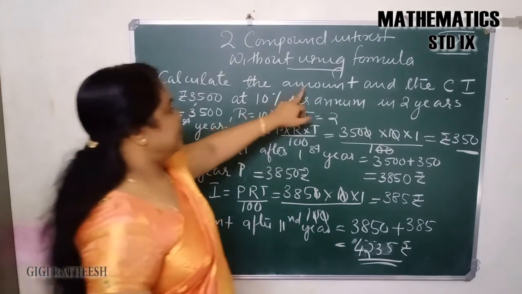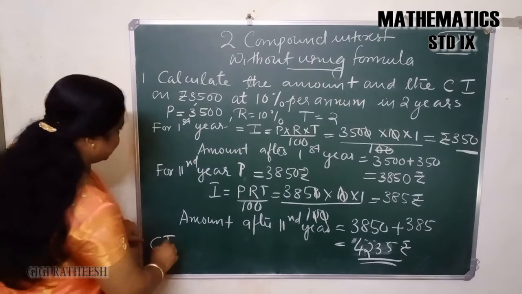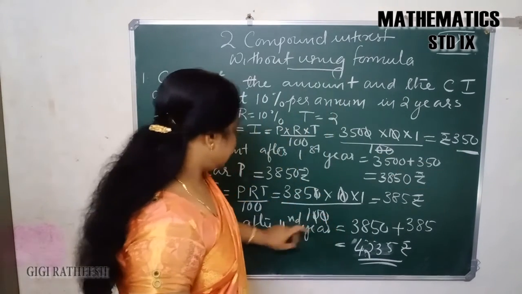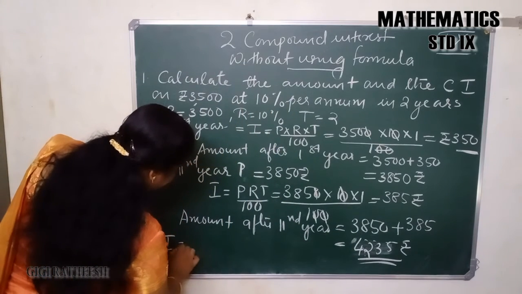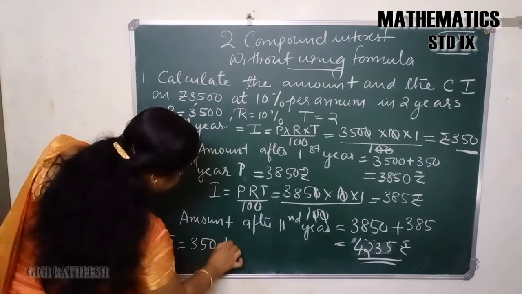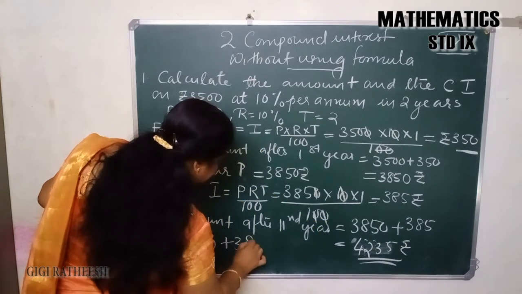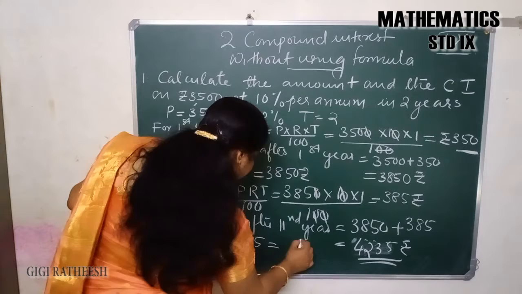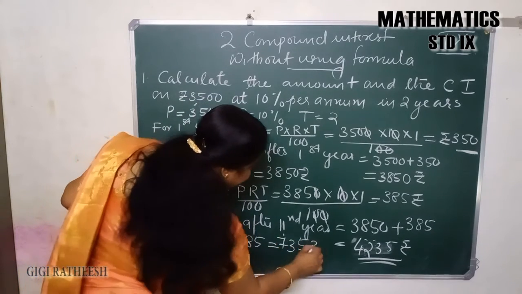We want to calculate the amount and the compound interest. What is the compound interest here? Compound interest is equal to the interest for first year plus the interest for the second year. That is 350 plus 385. 350 plus 385 is equal to 735 rupees.